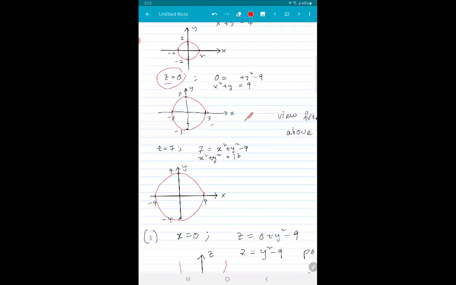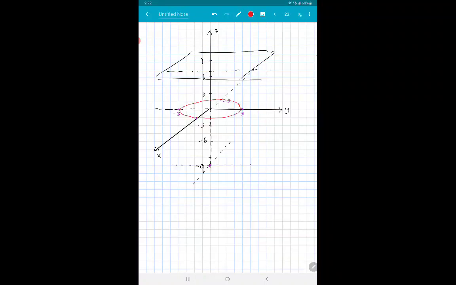When z is 7, we have a circle as well, but the radius is getting bigger. So we're going to sketch this circle here on the z equals 7 plane. So that must be 7 there, roughly. This one is 3, so 4 must be a bit larger. So let's say that's a 4. 1, 2, 3, 4.